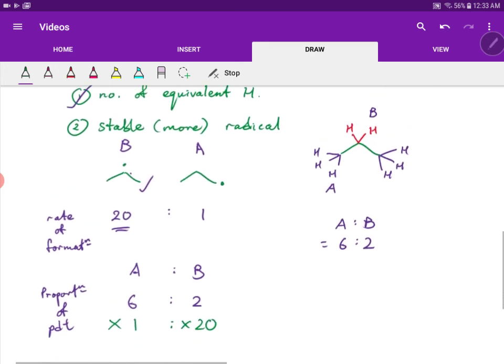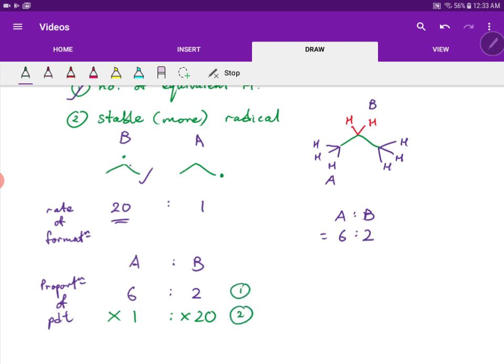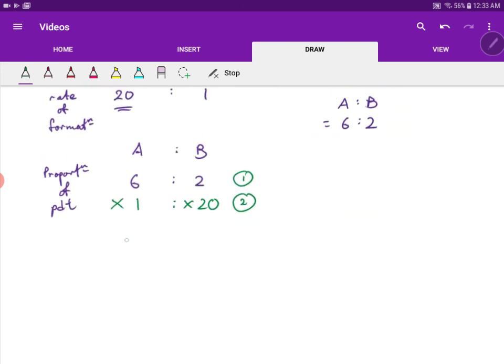I'm using step 1 here and step 2 here. The final proportion is 6:40, which is also equal to 3:20. So this is how we can use the whole mechanism to answer questions about the proportion of products formed.